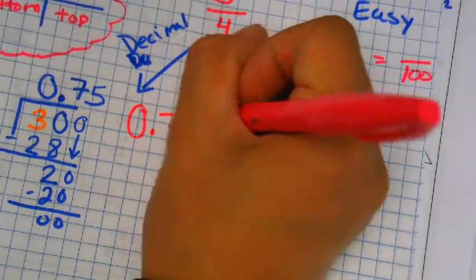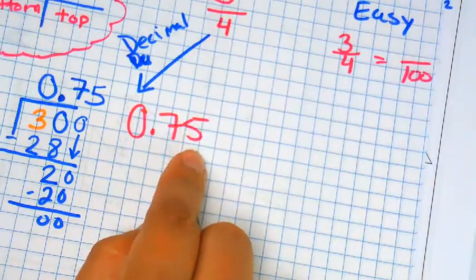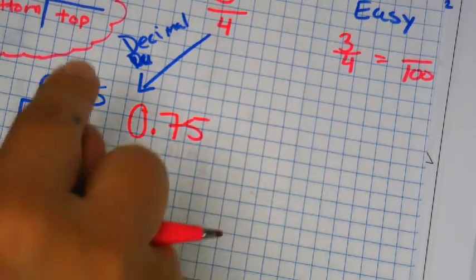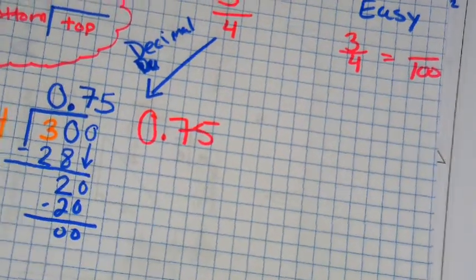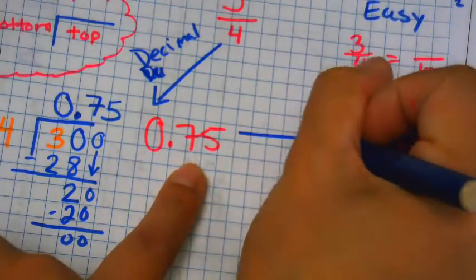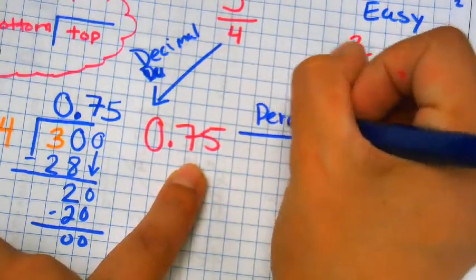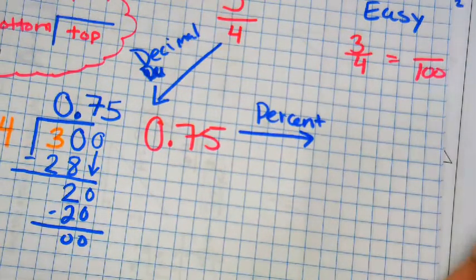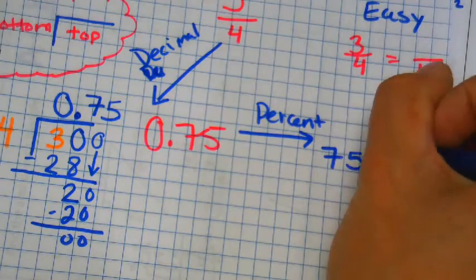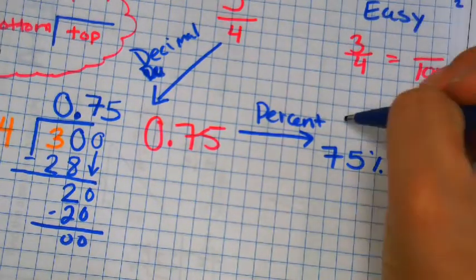Yeah, 0.75. And that's what Ben told us like a million hours ago. But that's how we solve for it. Now, what is 0.75 as a percent? Percent would just be 75%. We can go that way too.